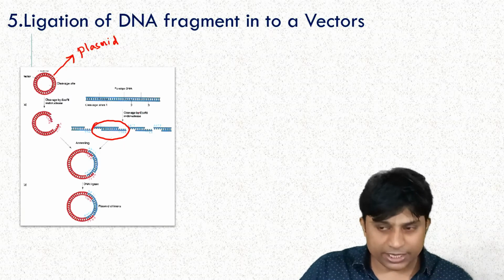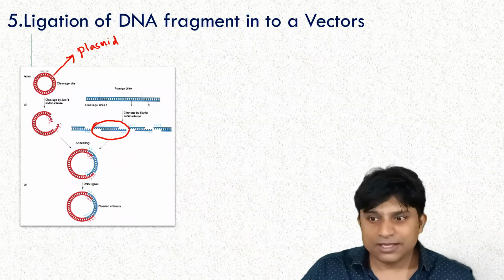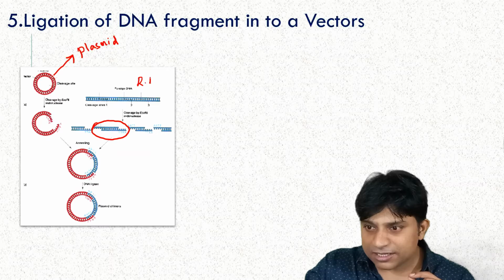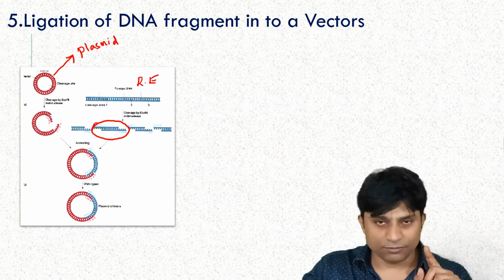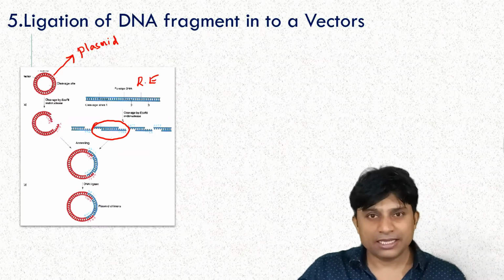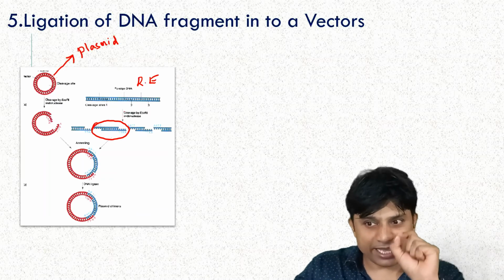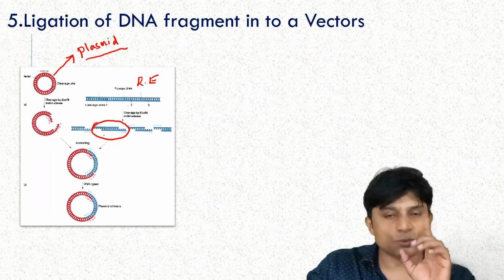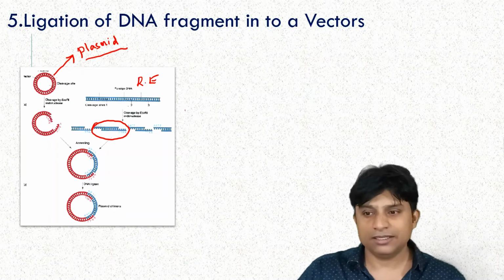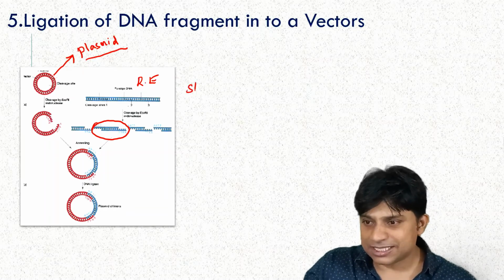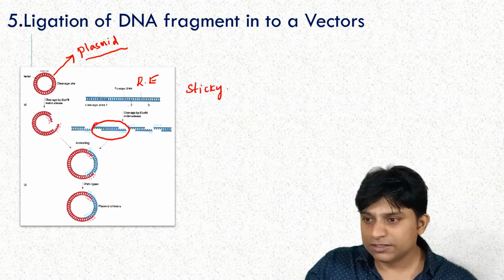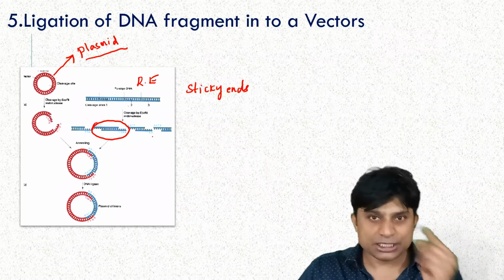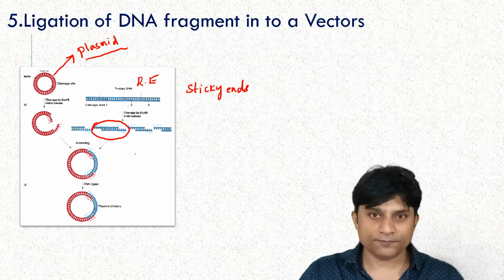Now, the important point is that the restriction enzyme sequence used for cleaving our gene of interest on the donor DNA must be present on the vector also, so that both sticky ends of the donor DNA as well as vector DNA will join.